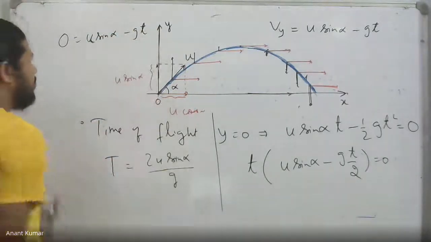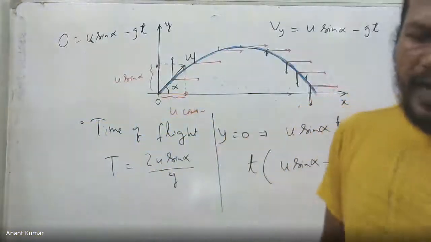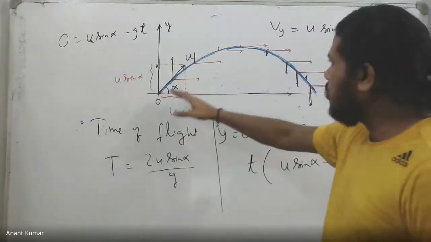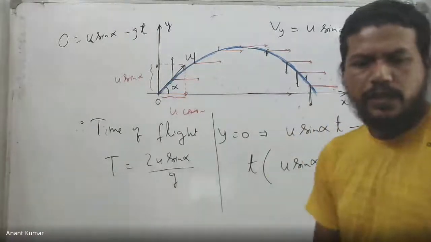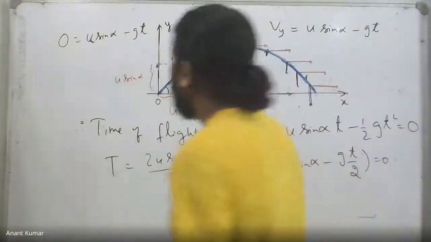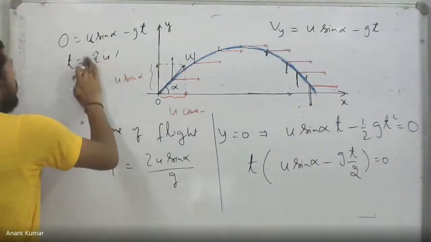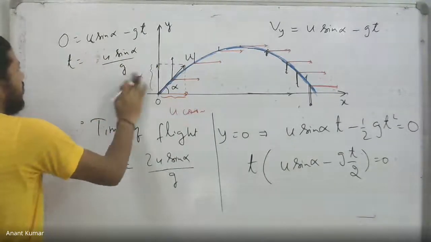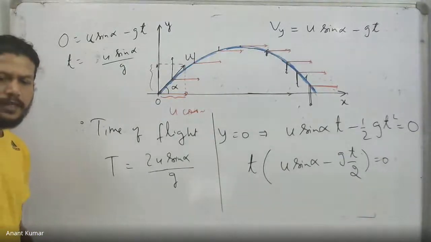This t will therefore turn out to be u sine alpha upon g, and because the motion under gravity is symmetrical, whatever time it takes to go from here to here must be the time taken from here to the ground again. That is why time of flight becomes twice this value, which gives us t equal to twice u sine alpha upon g. That is our time of flight in this case.